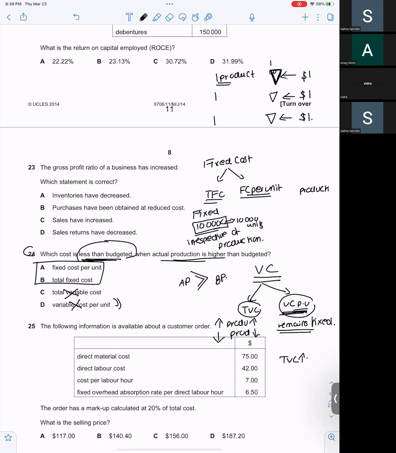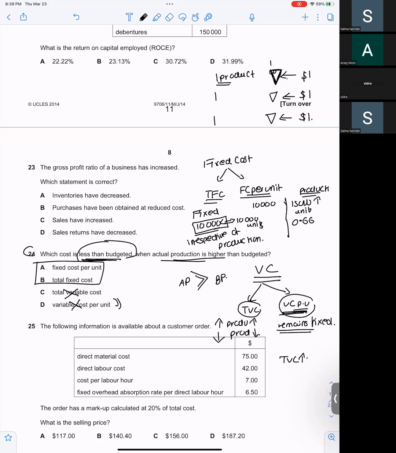If my production is increasing, I will still spend 10,000 and I am making 15,000 units. Tell me what will be the fixed cost per unit? 10,000 divided by 15,000, my fixed cost per unit will become 0.66.